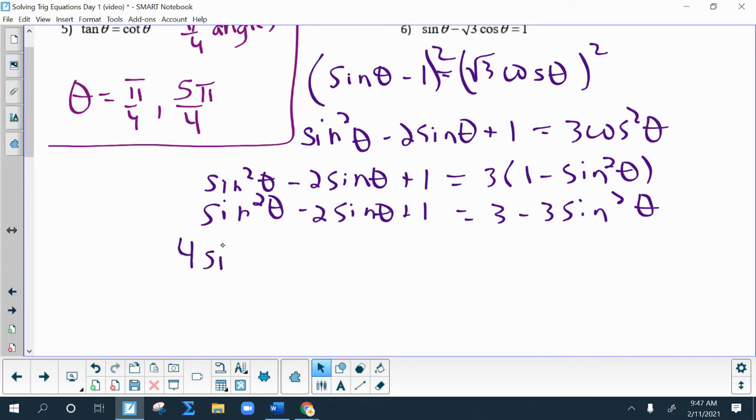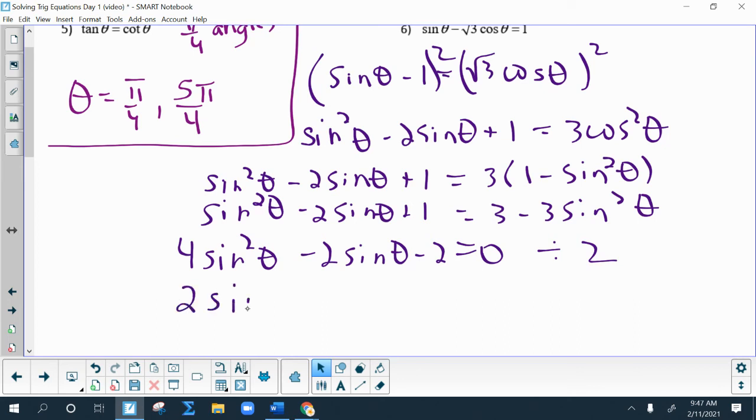So I end up with 4 sine squared theta minus 2 sine theta minus 2 equals 0. I'm going to divide that whole thing by 2 so that I don't have as many large numbers. So this becomes 2 sine squared theta minus sine theta minus 1 equals 0.